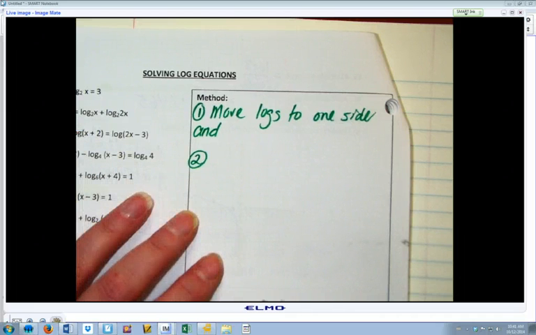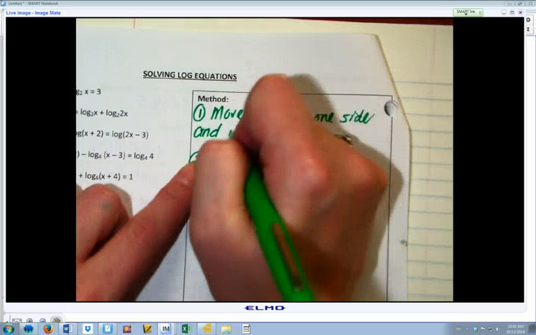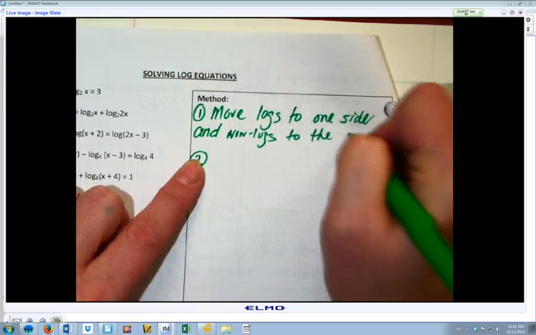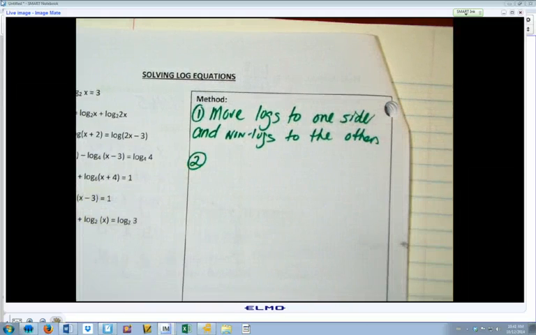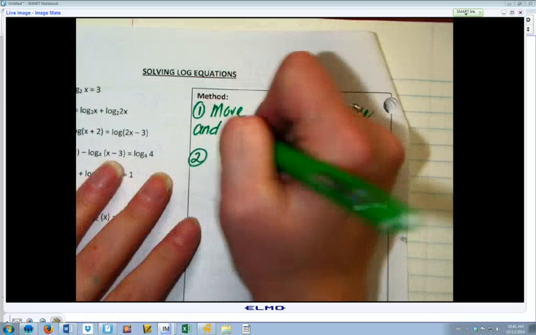Numbers, could be constants, could be variable. I call them non-logs, so stuff without a log. Non-logs to the non-logs.